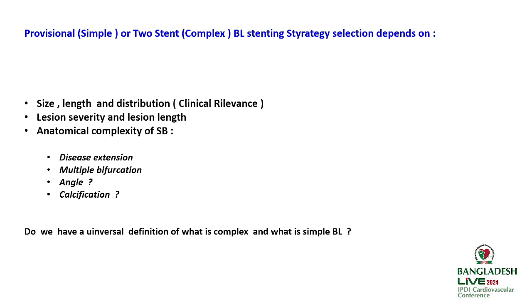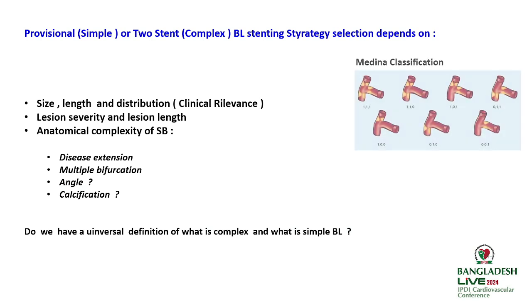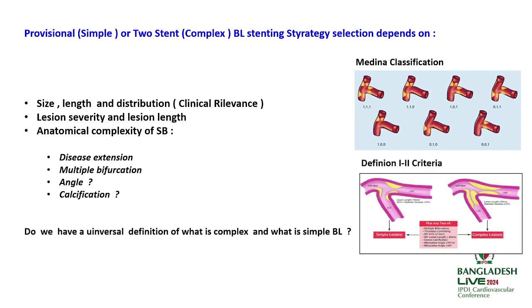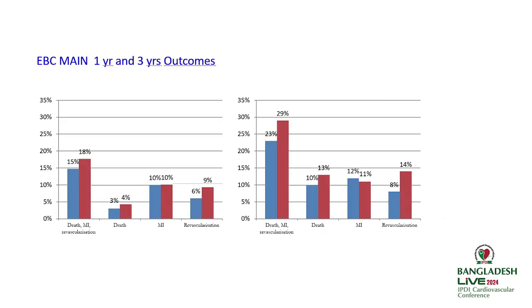But do we have a universal definition of what is complex and what is simple? I think no, because Medina classification gives us a good idea about the distribution of plaque, but the characteristics of plaque are still lacking in this classification. We have definition criteria which might help more in distinguishing between what is complex and what is simple.